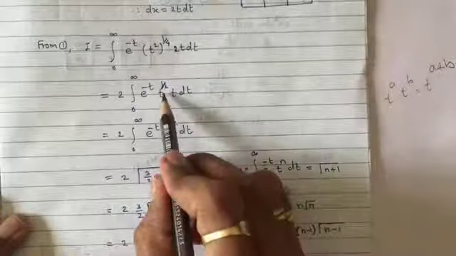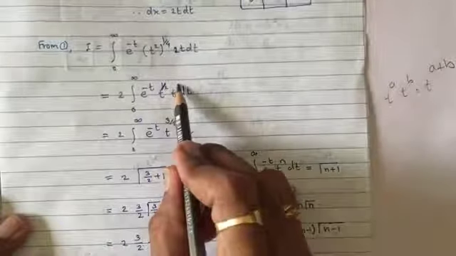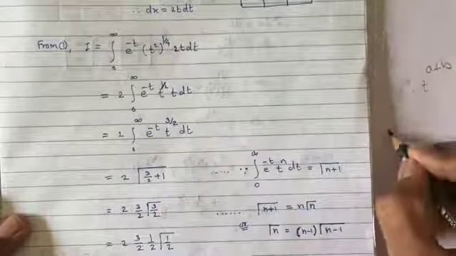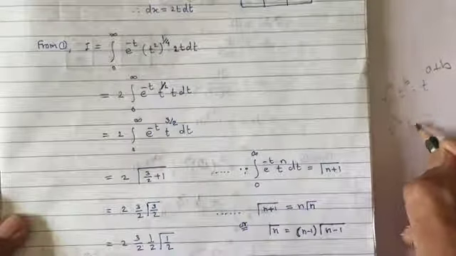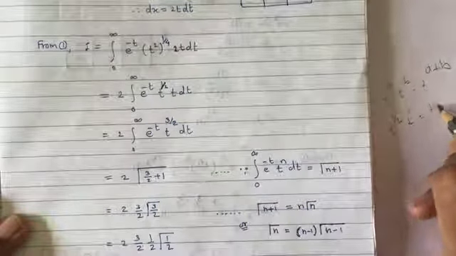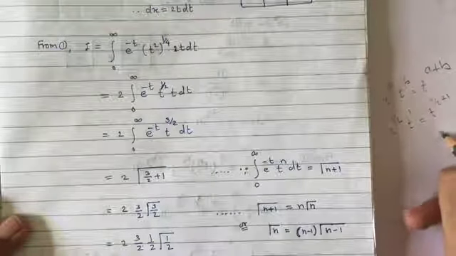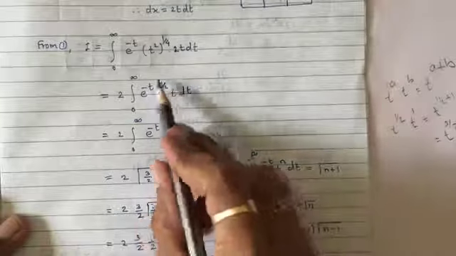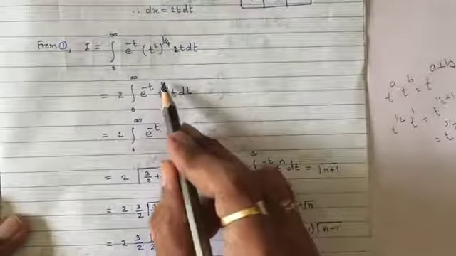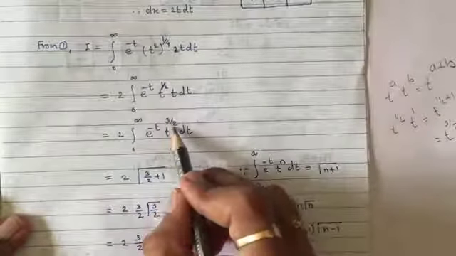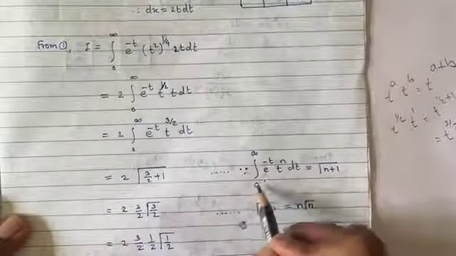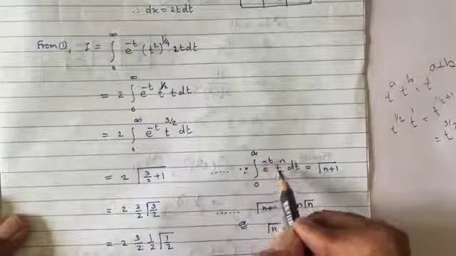So 1/2 plus 1 is 3/2. That is, t raised to 1/2 into t equals t raised to 3/2 dt.